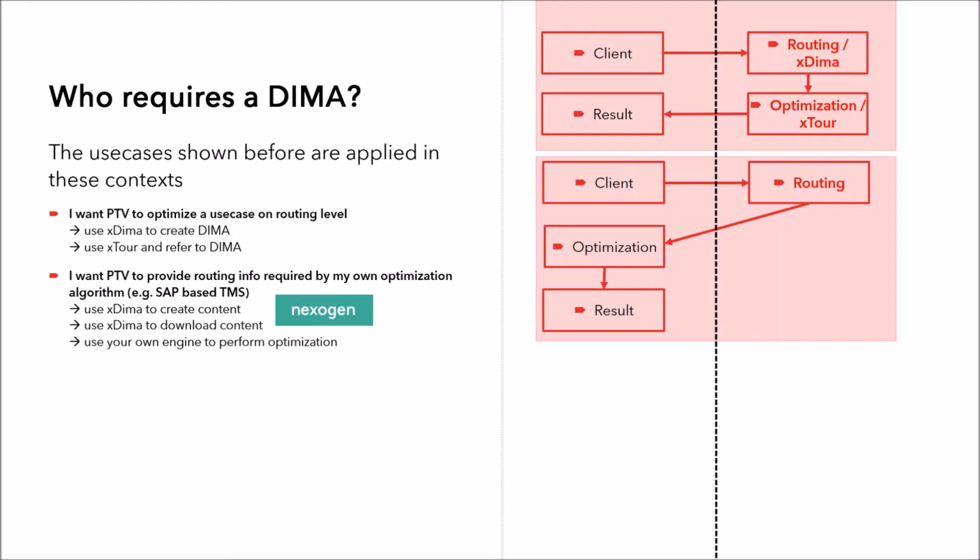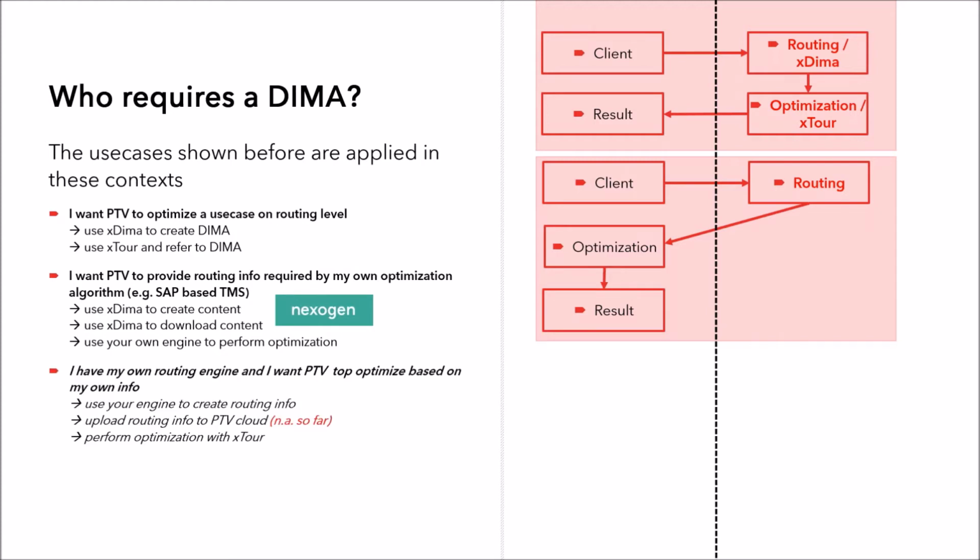That's the second scenario. And the third one is, let's say, some kind of a fictitious scenario. Let's say you can use the PTV object model for optimization, but our understanding of routing does not match your requirements.